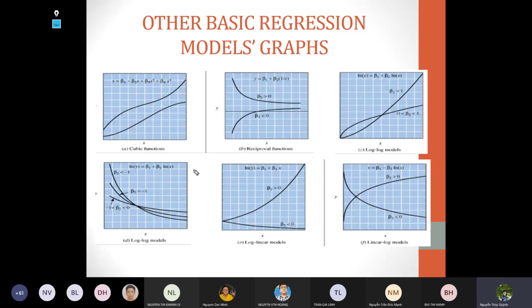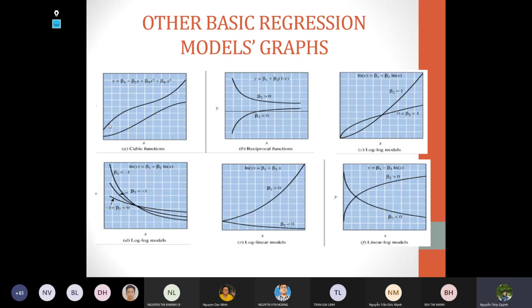Look at the slide we have here. You can see that we have the graphs of different functional forms.